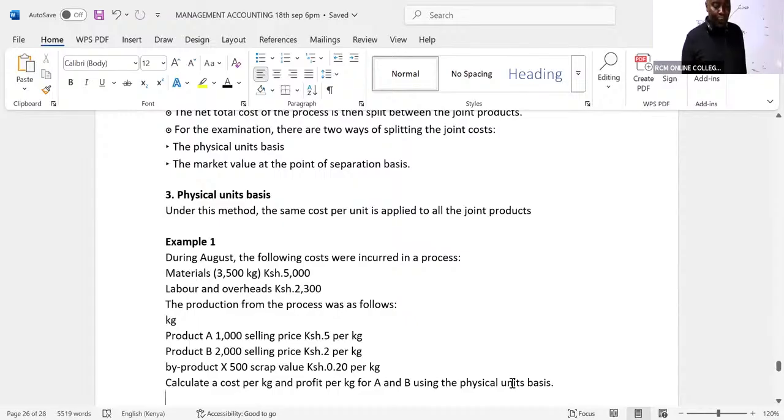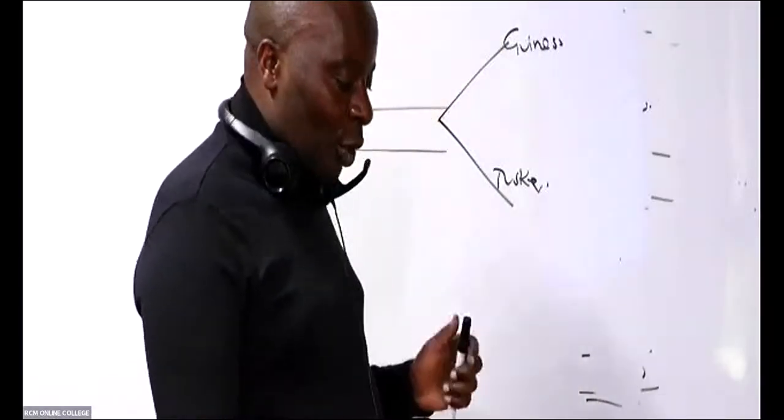So, ladies and gentlemen, the first thing that I will do is to recognize that this is a question of multiple products being produced. And what is the total joint cost? You can see into this process, we've put in materials worth 5,000 and labor worth 2,300. So the first thing you need to do whenever you see multiple products being produced, please go ahead and give us the joint cost.